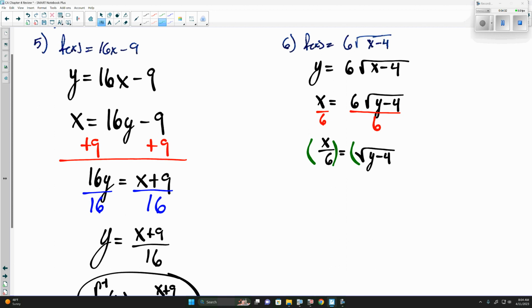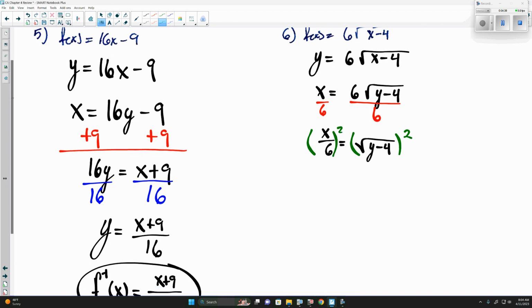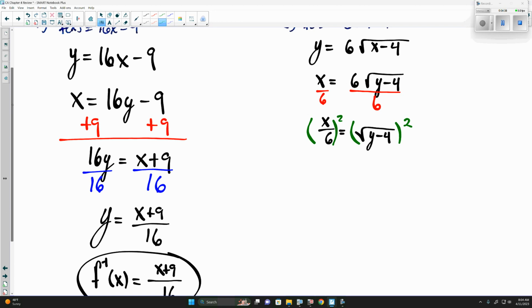To simplify the radical, we will square both sides, which on the left-hand side, the numerator is going to be x squared, and the denominator is 36, equal to y minus 4.